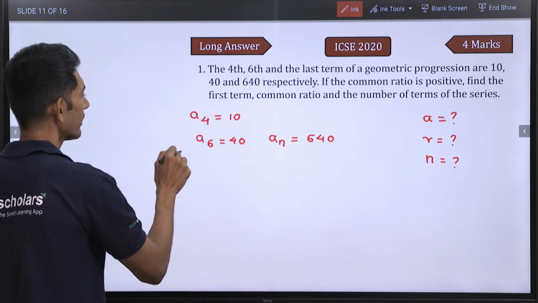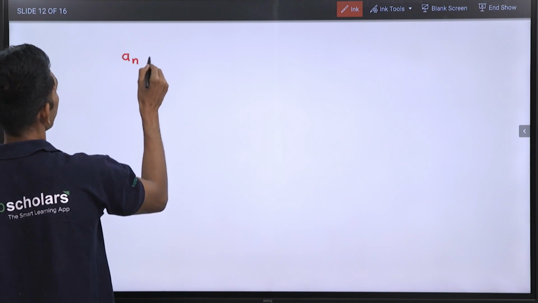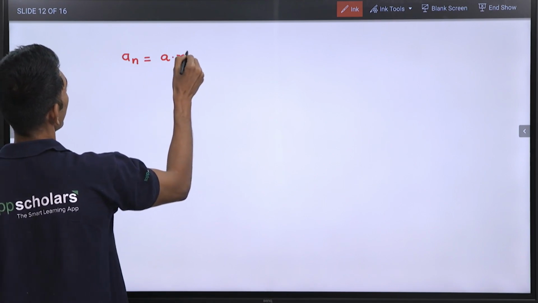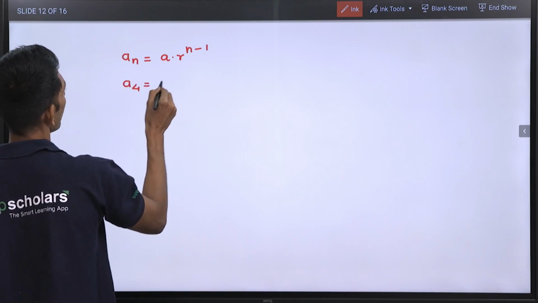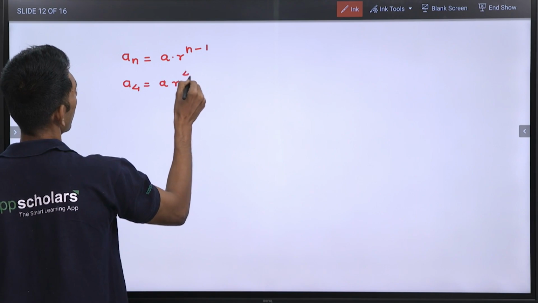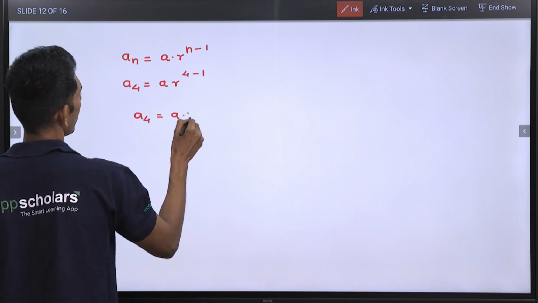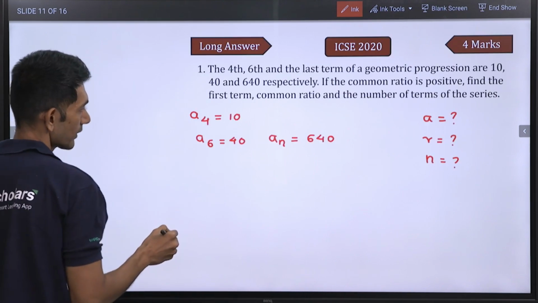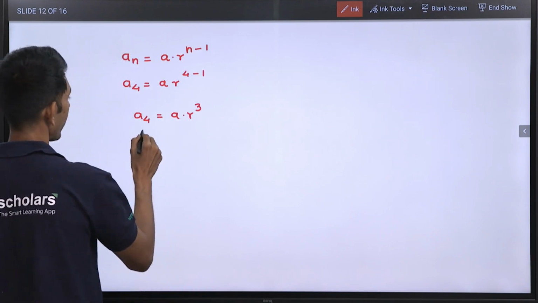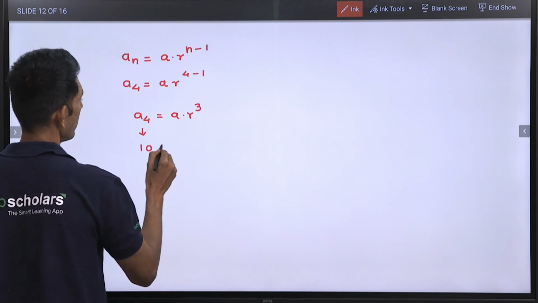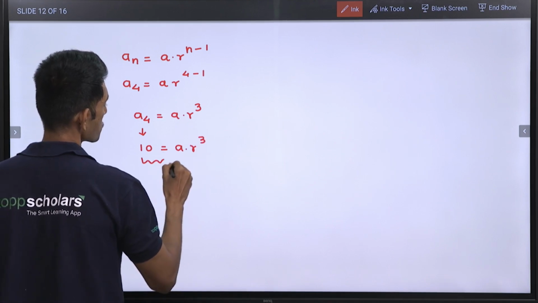Correct? So A4 is given, A6 is given. Let me write down the formula for An. An is A into R raised to n minus 1. So A4 will be A into R raised to 4 minus 1. So A4 is basically A into R raised to 3. But A4 is 10, so 10 is equal to A into R raised to 3.